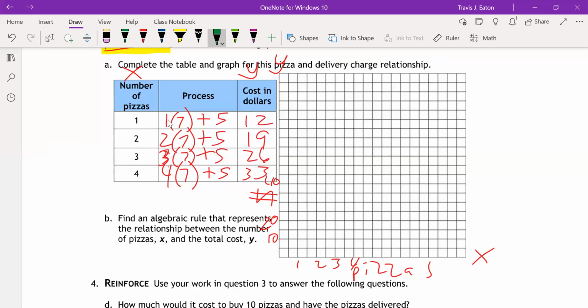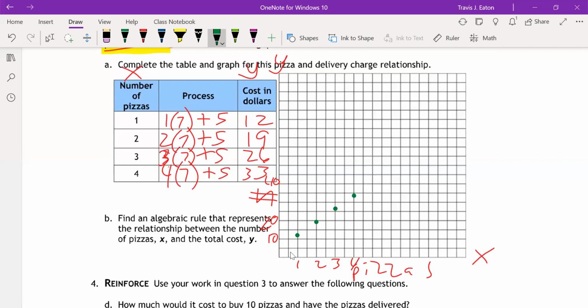So 1 pizza is $12. So there's 10, 11, 12, probably about there. 2 pizzas, 19. So almost to 20. 3 pizzas is 26. Let's see, there's 20, 25, 26 would be about there. 4 pizzas is 33. 25, 30, about there. Okay.